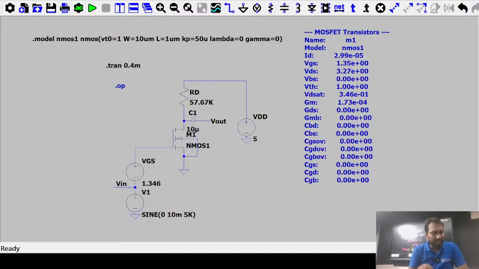I am just checking whether it is correct or not. Let me check what the function is. So please wait, I am just checking it. .meas measure gain param and V out by V in. That is correct. That is okay.